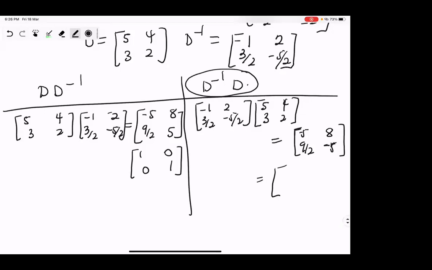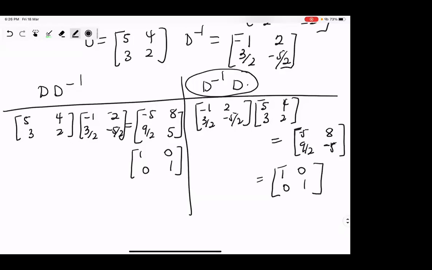D inverse times D. D inverse. That one is even wrong. Is D inverse times D. 1 0 0 1.